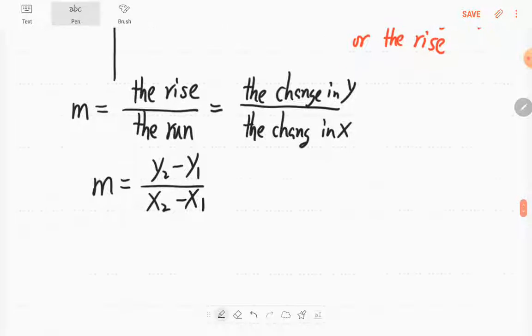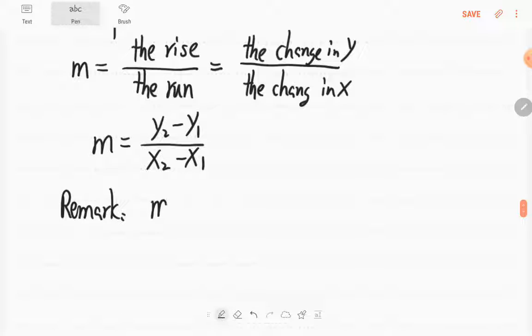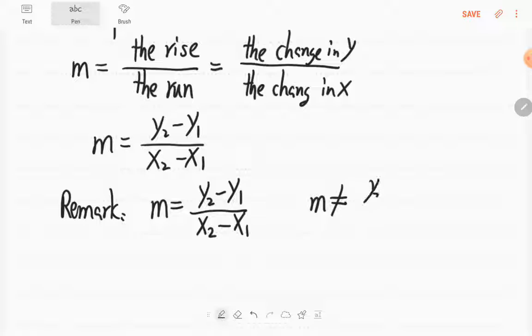There is a very important thing you should be careful about, which is the index. The order of the index should be matched from the top and the bottom. In other words, m should be equal to y2 minus y1, so here it must be x2 minus x1. m cannot be written as y2 minus y1 over x1 minus x2.